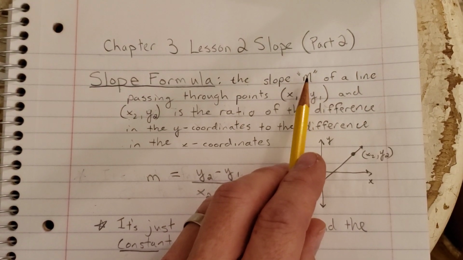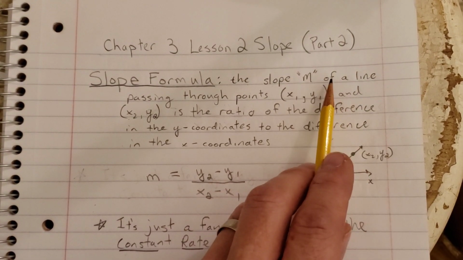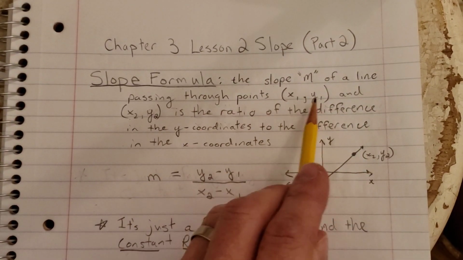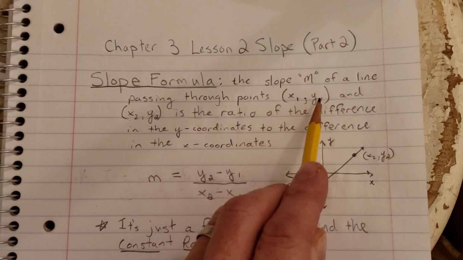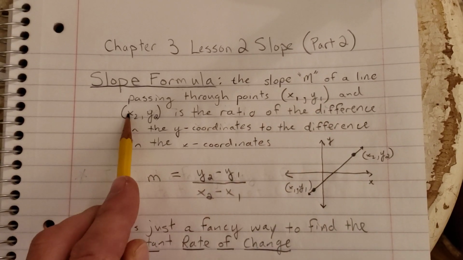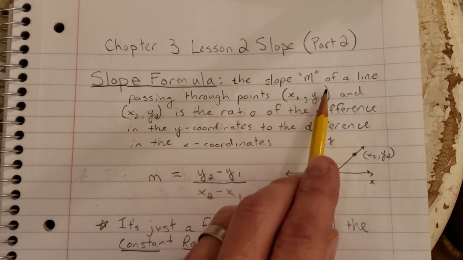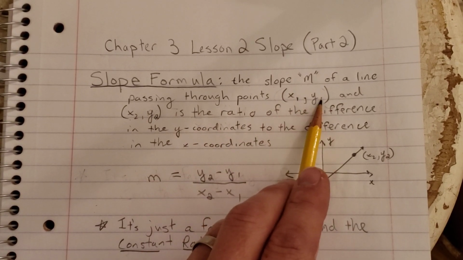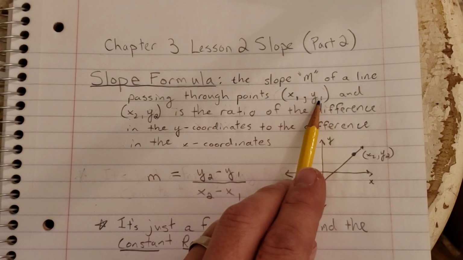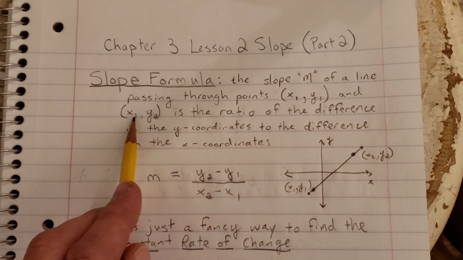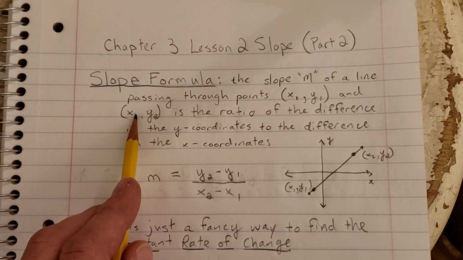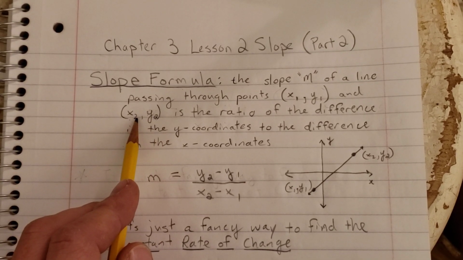So to climb is monter. Anyway, the slope m of a line passing through points (x1, y1) and (x2, y2). These are just coordinate pairs, okay? The little subscript ones mean the first point you chose, and the little twos mean the second point, the second coordinate pair.